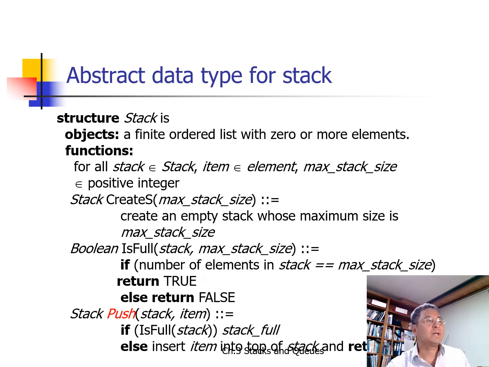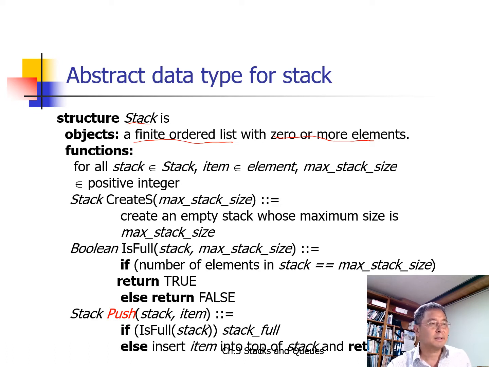So now we can define stack in abstract data type. So the stack is a finite ordered list with 0 or more elements. That is just a simple definition of a stack.